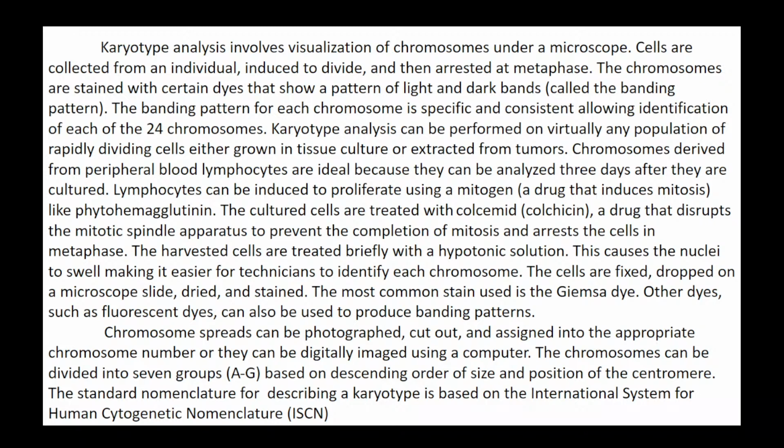The chromosomes can be divided into 7 groups from A to G based on descending order of the size and position of the centromere. The standard nomenclature of describing a karyotype is based on the International System for Human Cytogenetic Nomenclature.